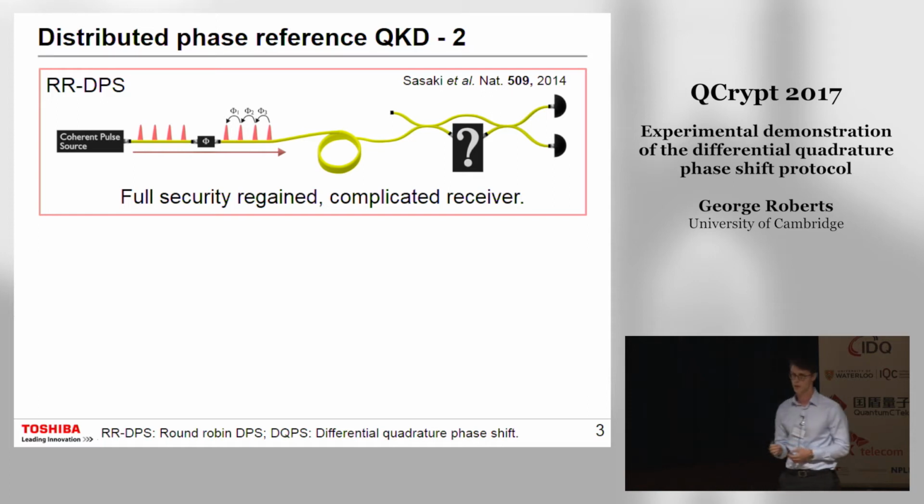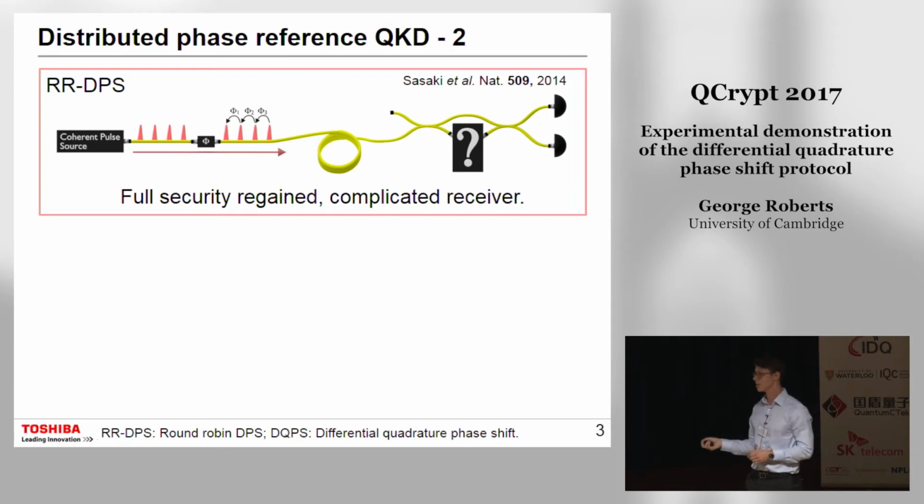The first one I'm going to talk about is round-robin DPS. This has an identical transmitter to the conventional DPS scheme, but the receiver is completely different. In the receiver, you have an interferometer with a number of variable delays, and the receiver, Bob, can choose which bits to interfere in a packet, basically, in a DPS packet.